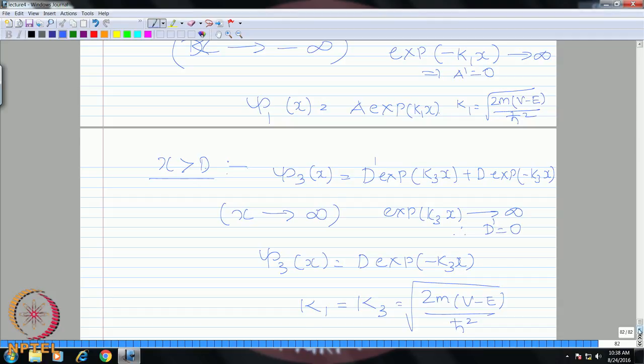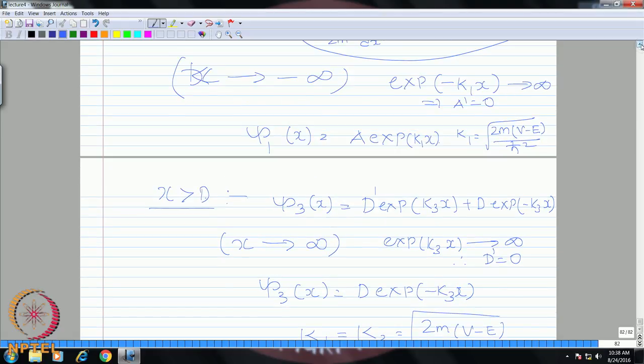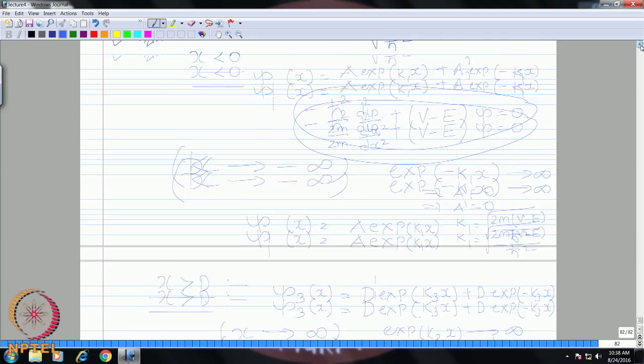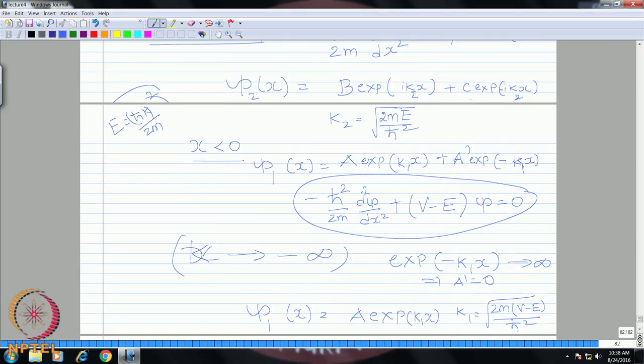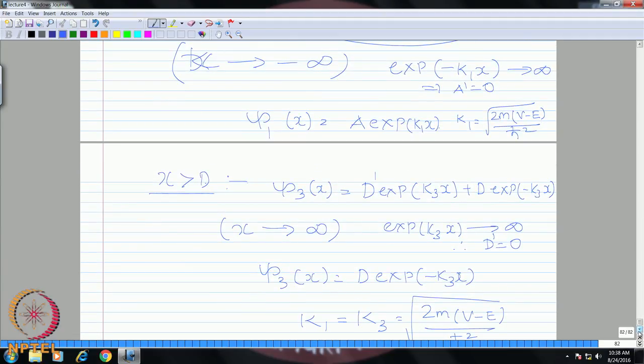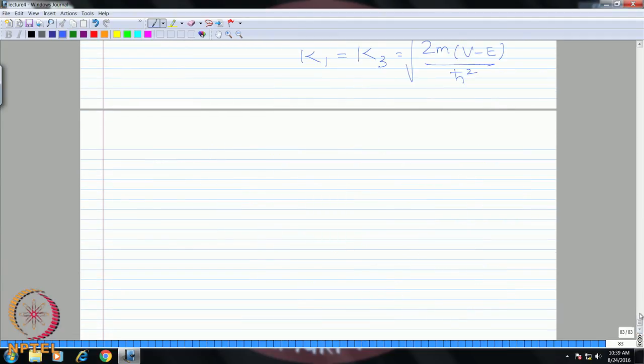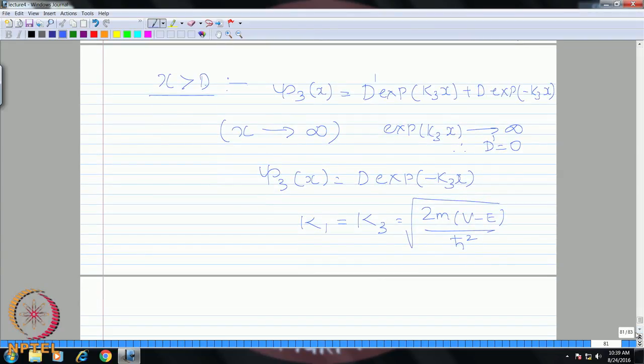So, now how many unknowns are there? In psi 1 we have a as the unknown constant, in psi 2 we have two constants b and c, and in psi 3 we have constant d. So, totally we have 4 constants, 4 unknowns. Now we have to look at the boundary conditions. For the case of the infinite quantum well, we simply put that at x equal to 0 and x equal to d, the wave function is 0.